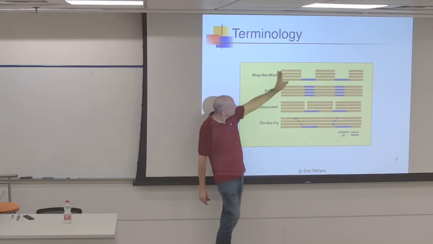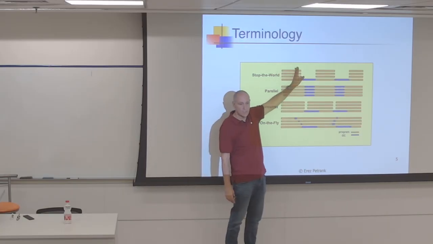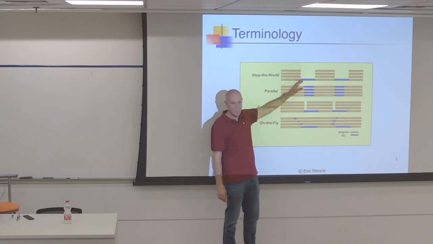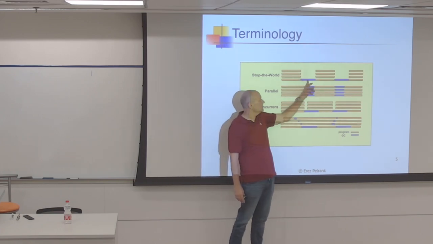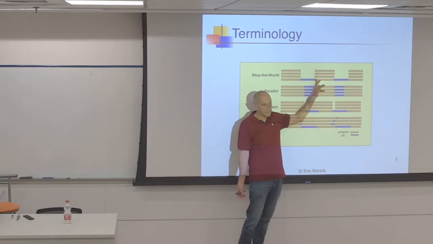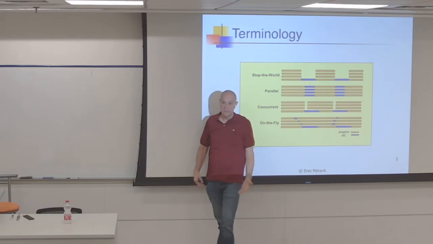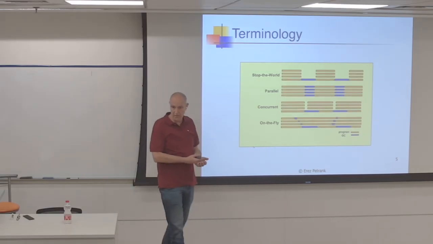The program runs on four cores. At some point it is stopped, and then the collector runs on a single core until it finishes, and then the program continues on the four cores in parallel.